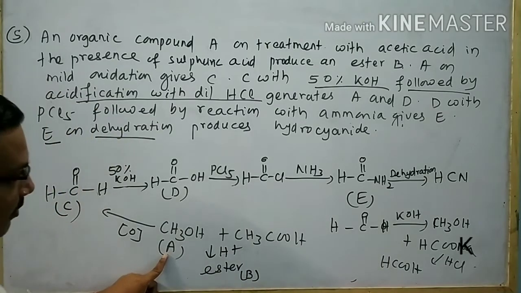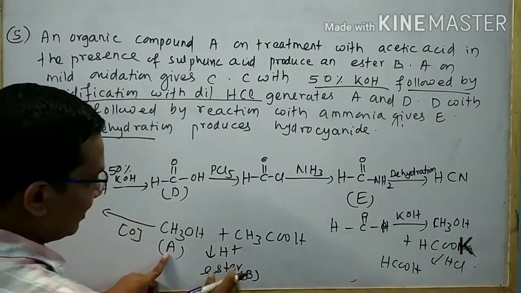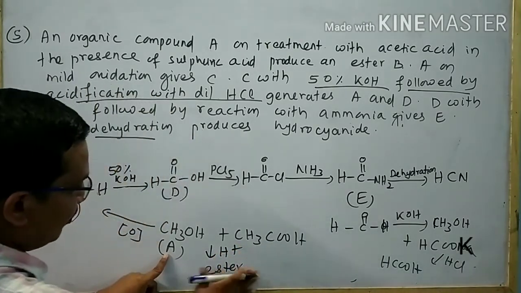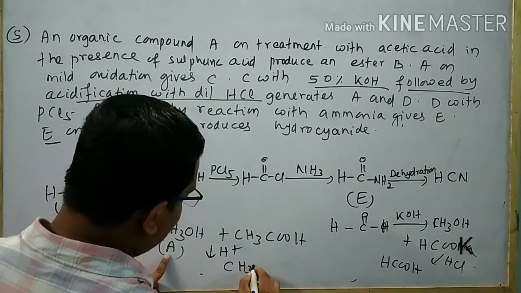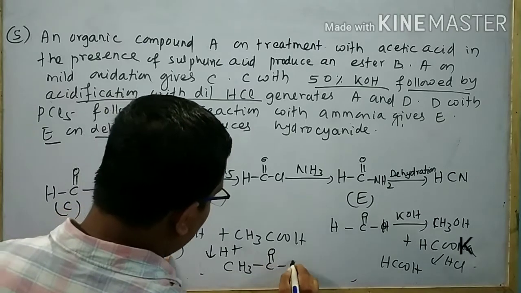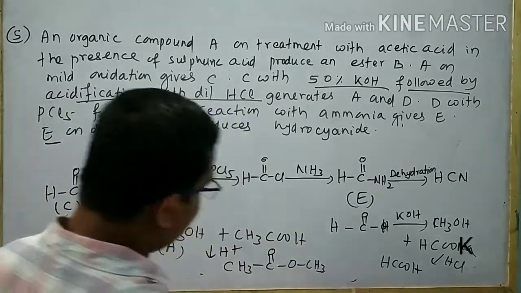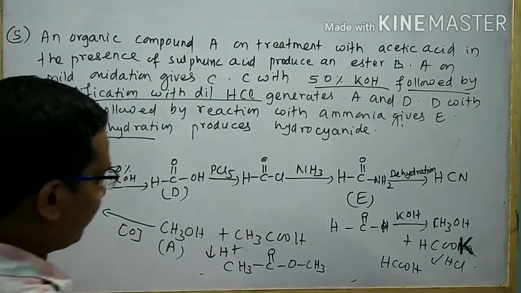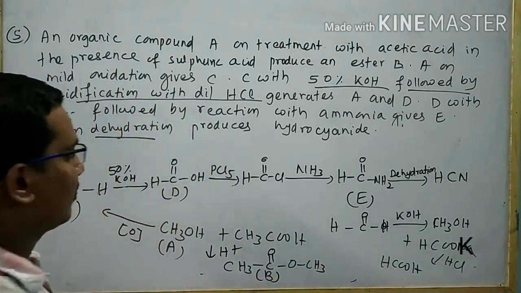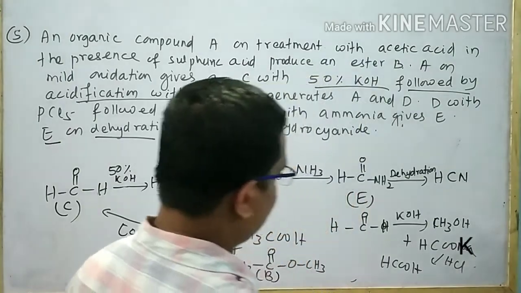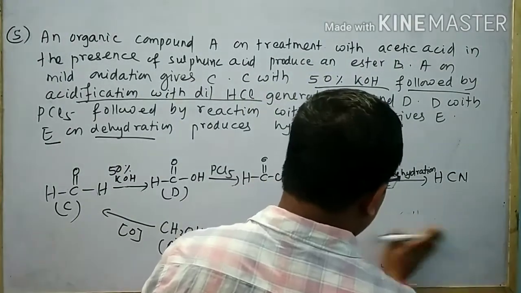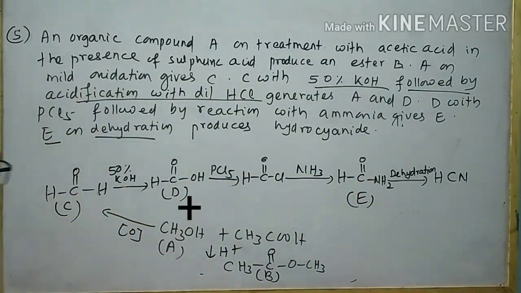A, when treated with acetic acid, gives an ester, that is B. So we can write B is CH3-C(=O)-OCH3, that is methyl ethanoate, that is B, and the E product is this.